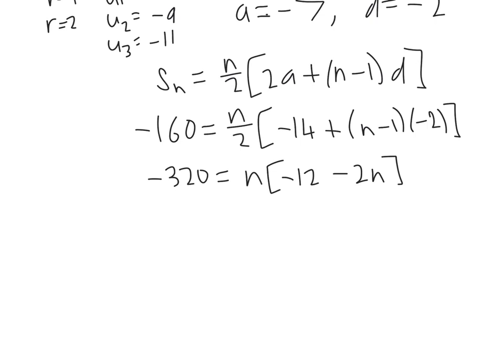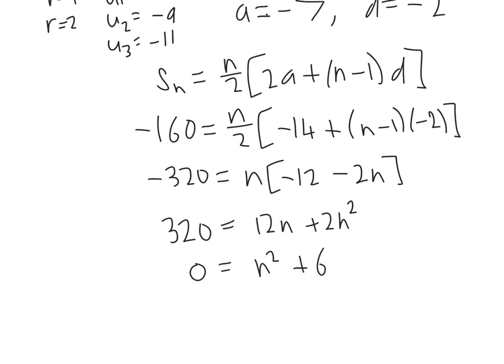Then I'm going to make everything positive, multiplied by negative 1, and at the same time expand out that bracket. And to finish off, I'm going to bring the 320 to the right hand side and divide everything by 2.